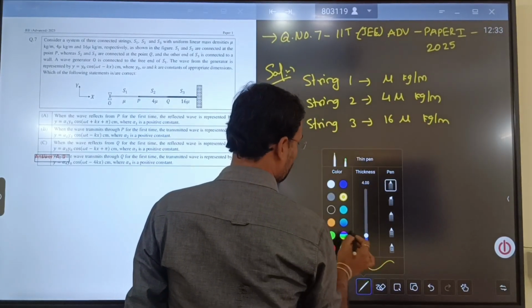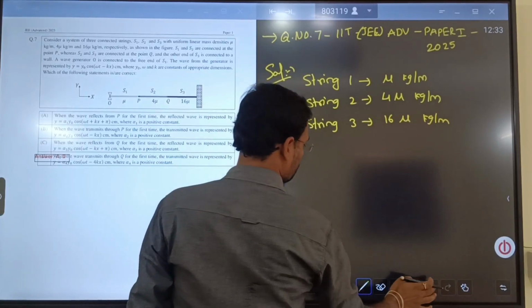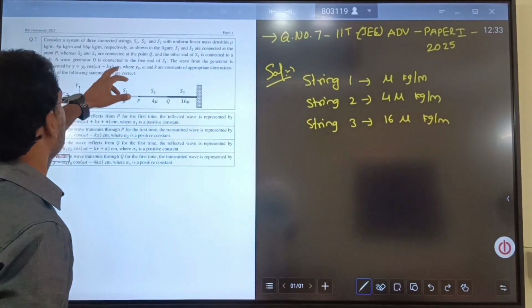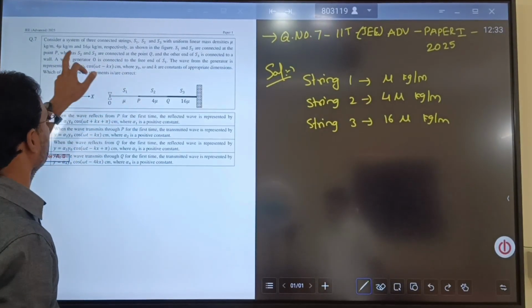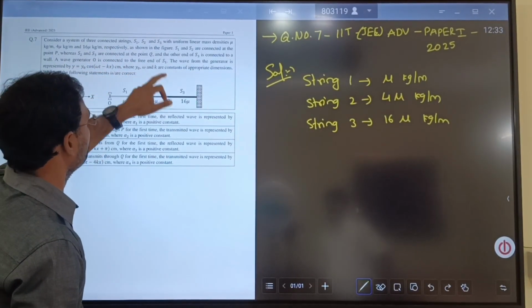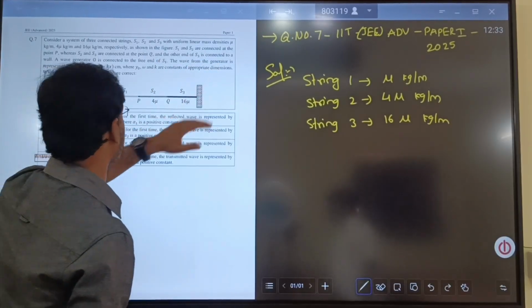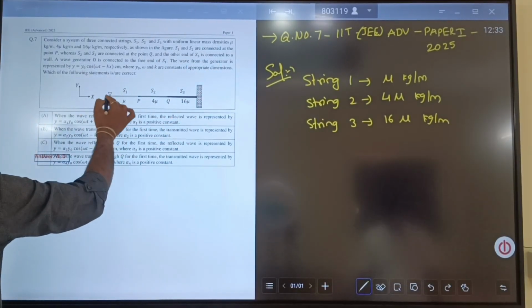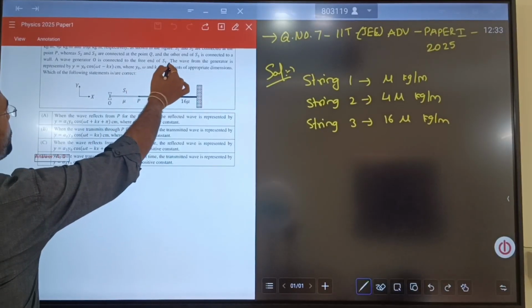Now see here, S1 and S2 are connected at the point P, whereas S2 and S3 are connected at point Q, and the other end of S3 is connected to a wall, like this. Now a wave is generated at O, which is connected to the free end of S1.